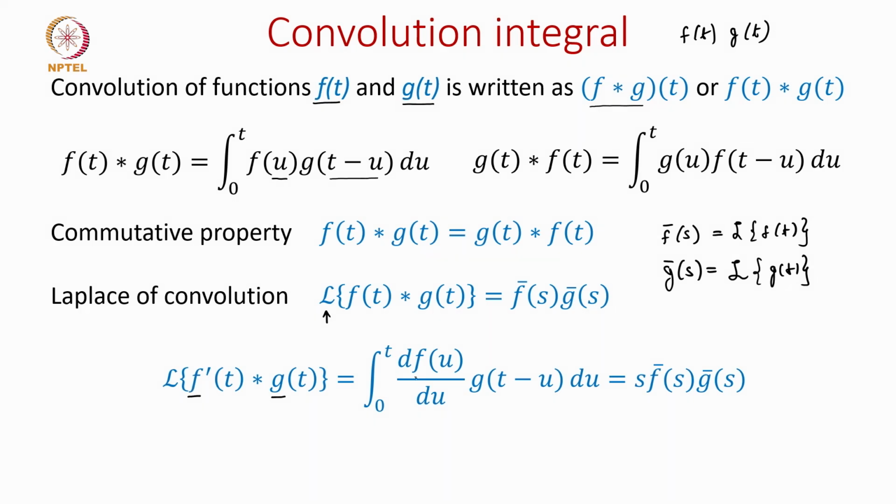Once we apply the Laplace on both sides of the equation, we get s times the product of f bar and g bar in the Laplace domain. Bear in mind we are talking about integrals from 0 to t, meaning that the load only starts from 0 or later.